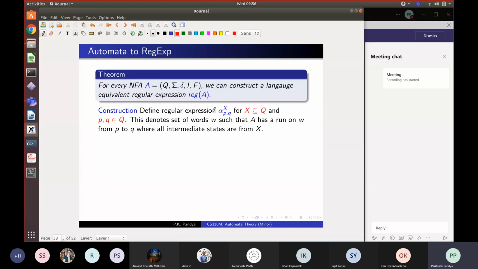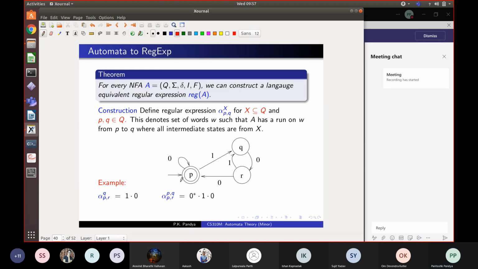But first we have to understand what such a regular expression denotes. What is its meaning? What is our intention in defining this alpha with parameters capital X, P, and Q? Here P and Q are some states, and X is some set of states. Let me give you an example right away. Here I have this automaton.